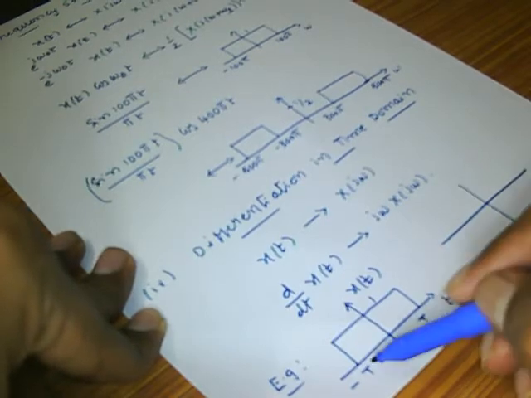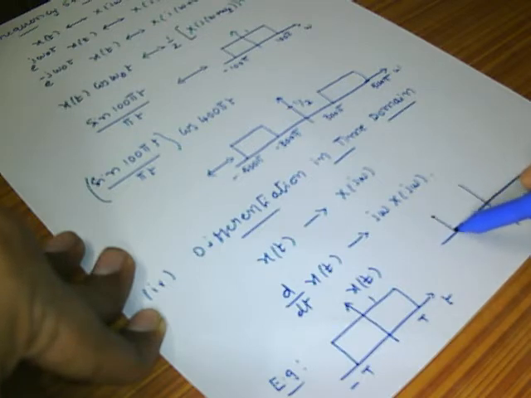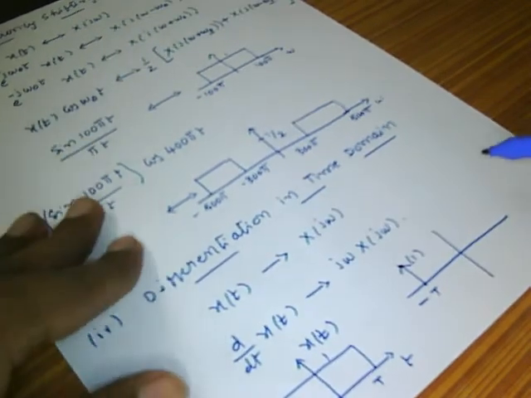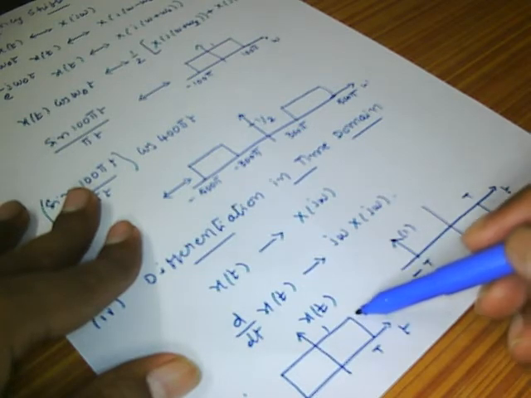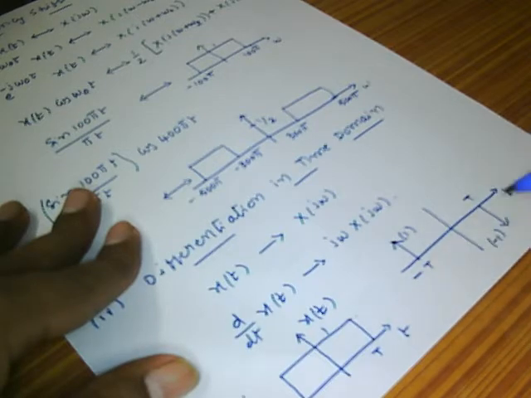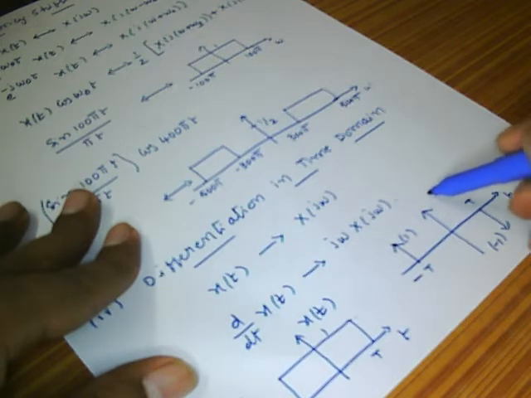At minus T you have a discontinuity, and because the discontinuity is positive, you will have a positive Dirac delta at minus T of strength 1. Similarly, you have one more Dirac delta at T, but the strength of that Dirac delta is negative, because the signal is jumping from 1 to 0. That corresponds to a negative jump. So this is our d by dt of x of t.